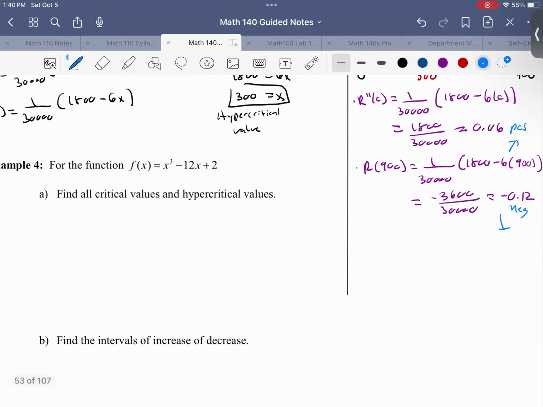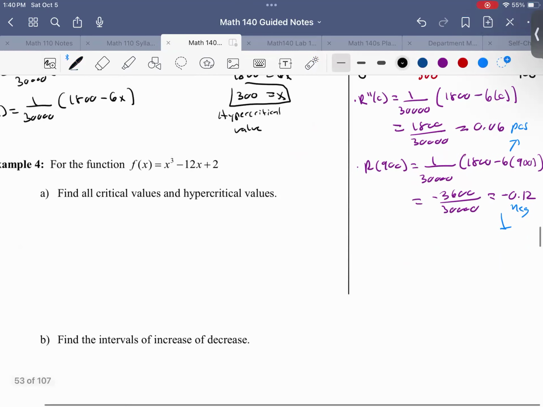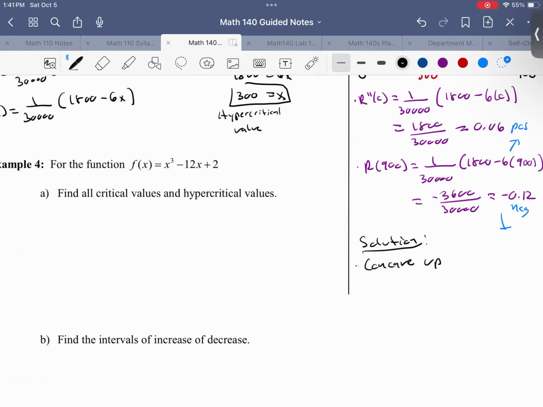So let's go ahead and write that in a statement. Solution. We are concave up on 0 to 300.